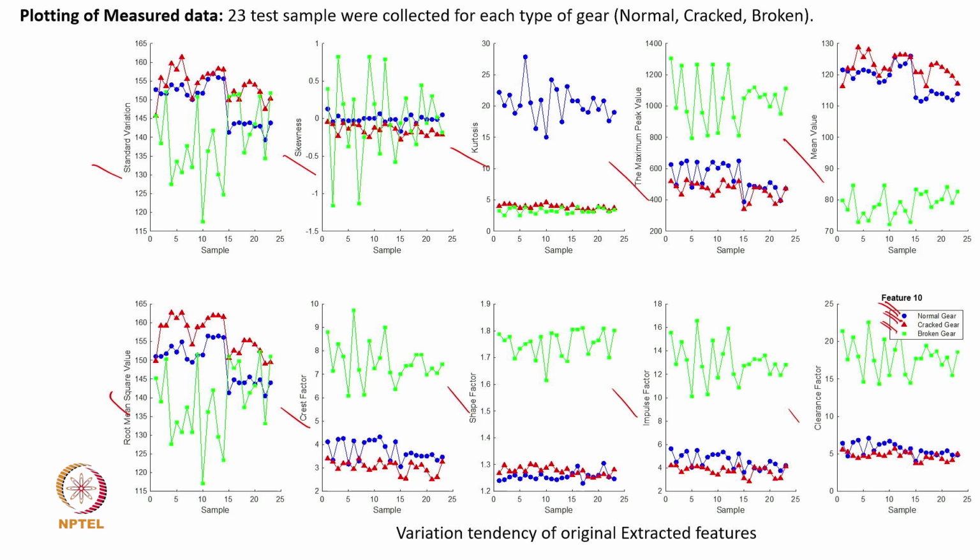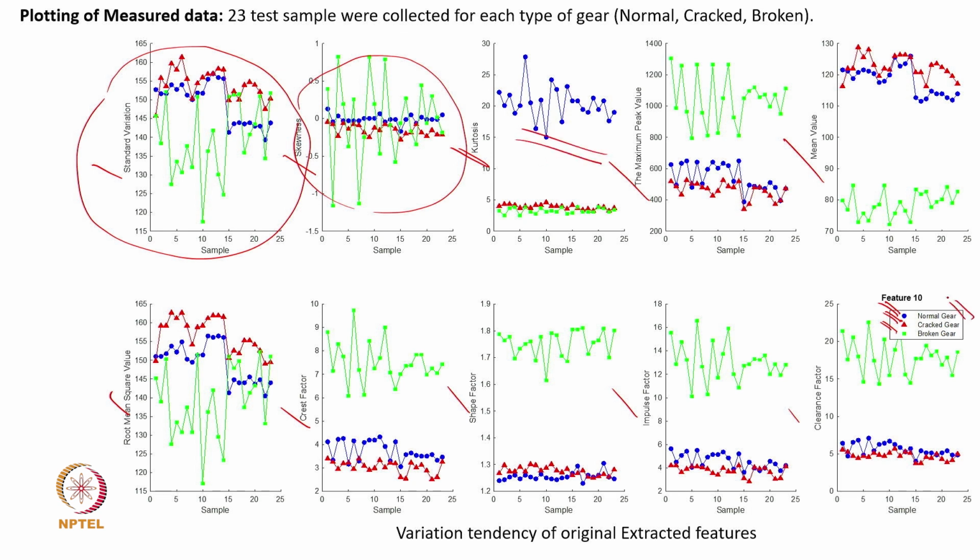We are not able to differentiate much in standard deviation because there is an overlap. Skewness also has a lot of overlap. Kurtosis gives a totally different value. Here the higher value is coming for the normal gear, which is quite contrary, and then it may not be useful. Then comes RMS value. RMS also has some sort of overlap.